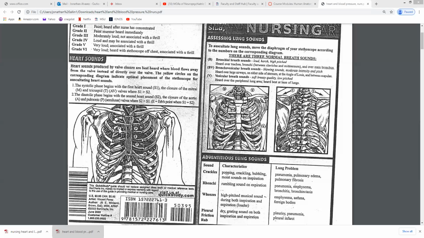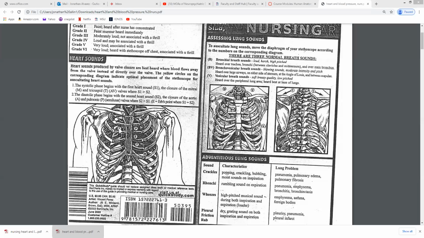If you had a stethoscope and a person in front of you, you would place the diaphragm, and we'll talk about the diaphragm of the stethoscope later. You have the diaphragm and the bell. You would place the diaphragm over the second intercostal space on the right, and you're listening to the aortic valve.